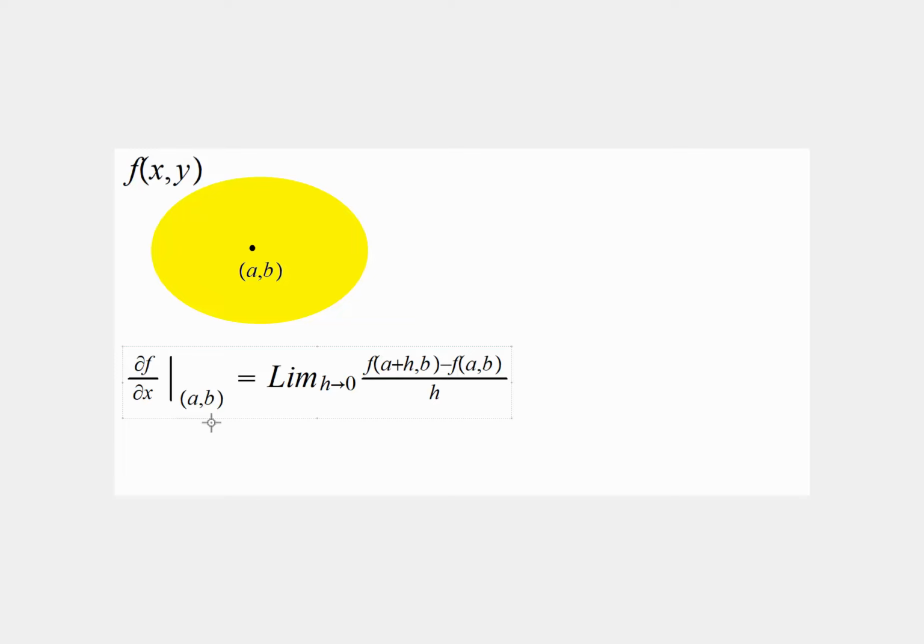So what we are doing, you may note, is fixing the y variable at b and making a change only in the x variable. And I'm going to show you a geometric picture of this after we are done with some algebraic calculations.